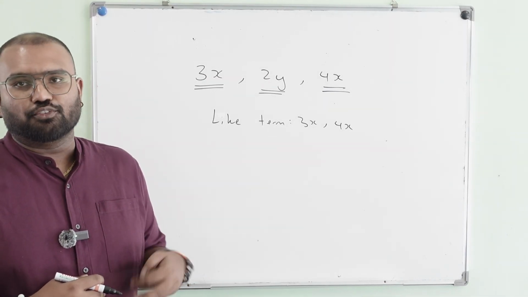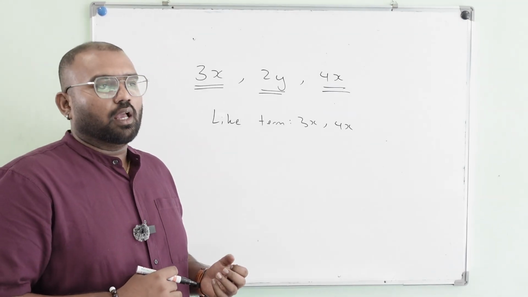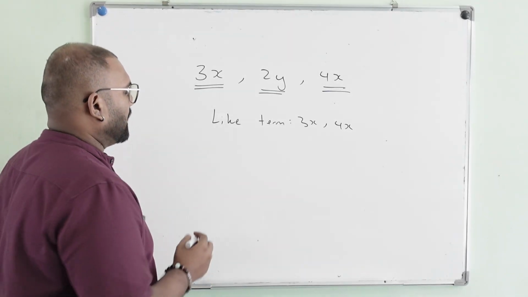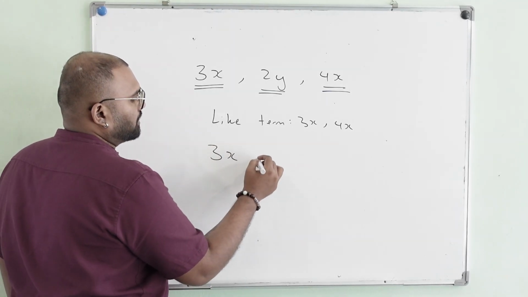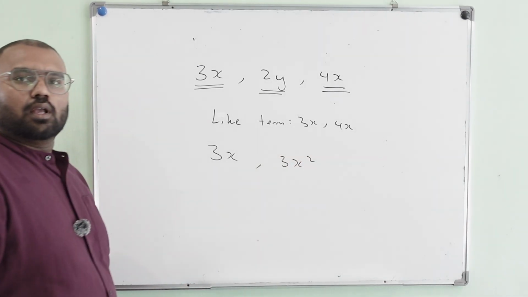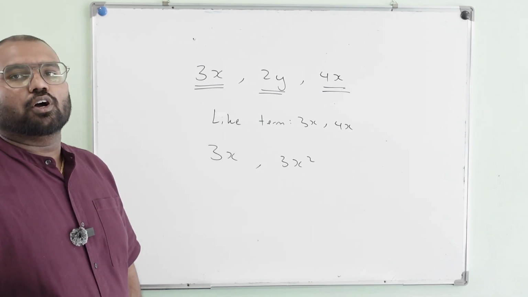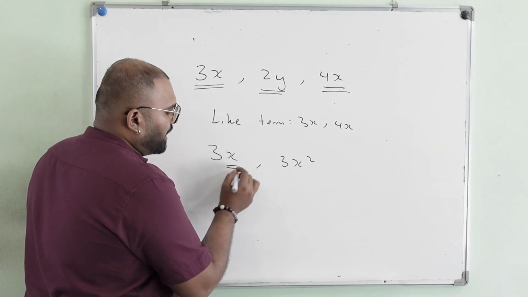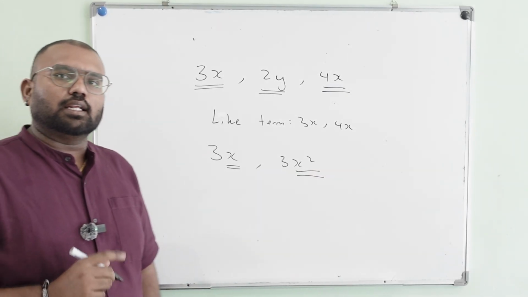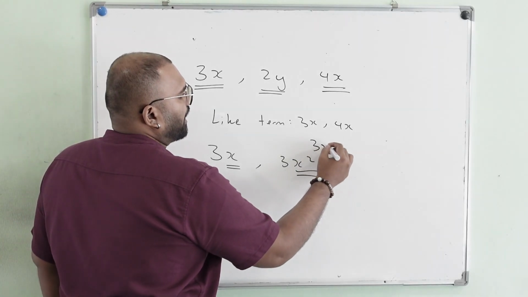If you are going to see like terms which have the same unknown but with a power. Let's check. Say the question gives 3x and then gives 3x square. Are this and this the same? No. Why? Because this unknown is x and this unknown is x square. x square means there is 2x there, so it will be like 3xx.